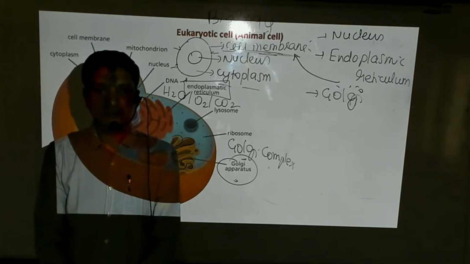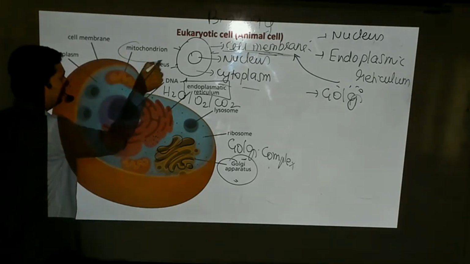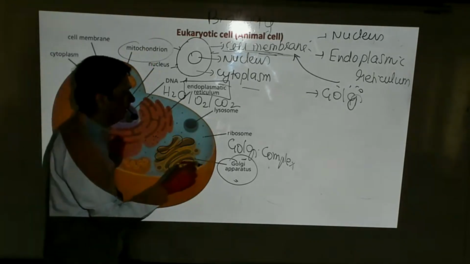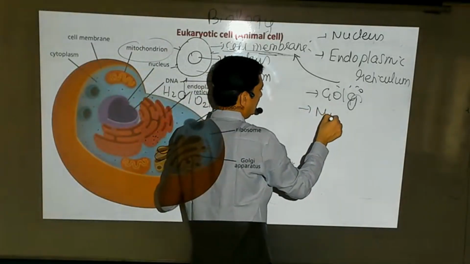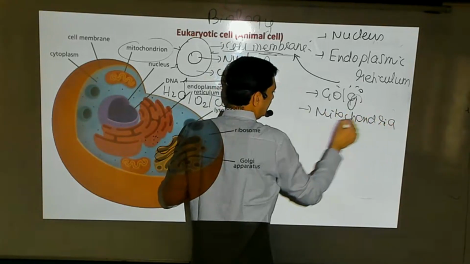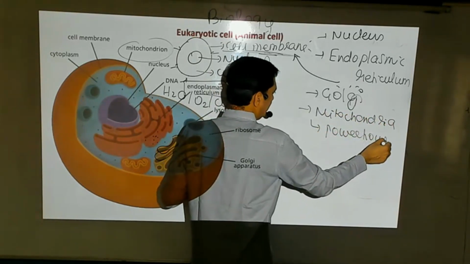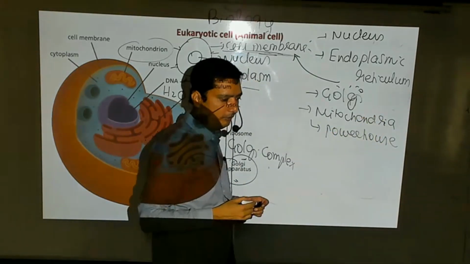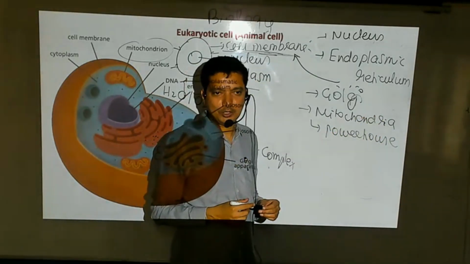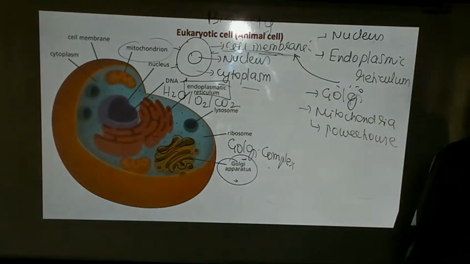Where is power coming from? From another organelle called mitochondria. Inside the cell we have what is called mitochondria, which is considered the powerhouse of the cell.